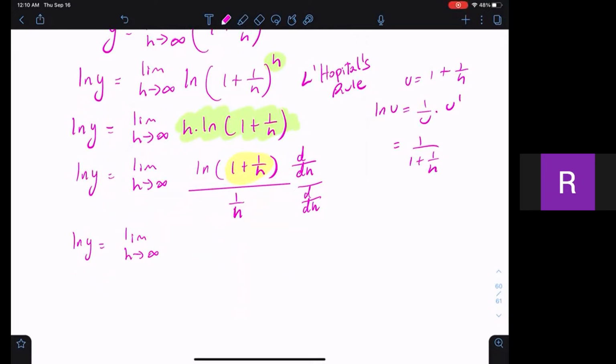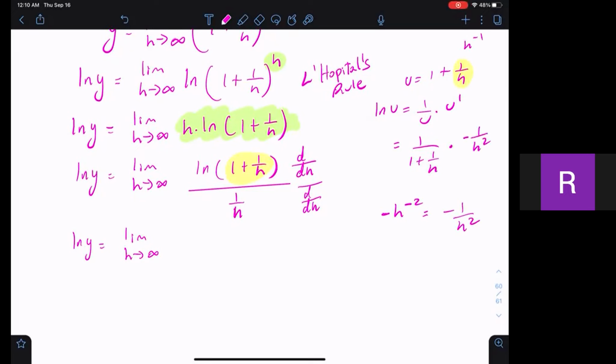The derivative of a constant is 0, and you need to take the derivative of h to the -1, which is negative h to the -2, that is -1 over h squared. So you multiply by -1 over h squared.